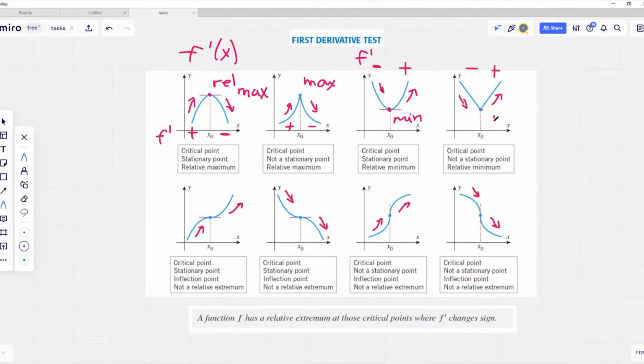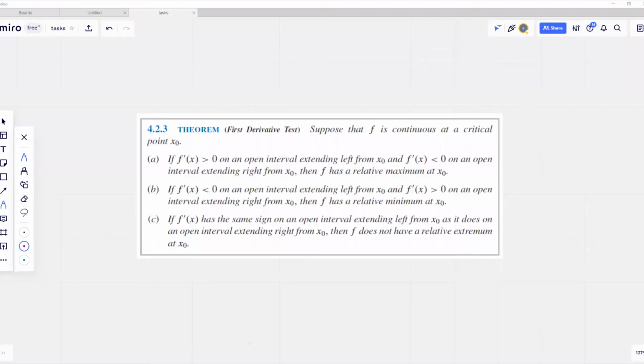So we have a relative minimum happening at that point. Our findings are summarized in the following theorem known as the first derivative test, which allows us to find relative minimum and relative maximum points by studying the change of sign of f prime over critical points.